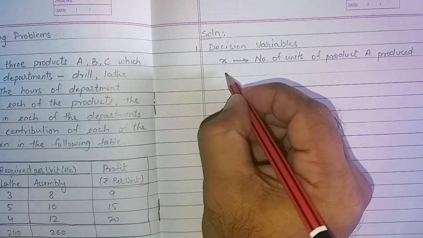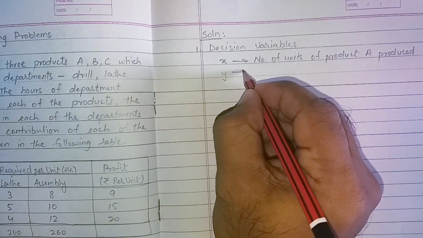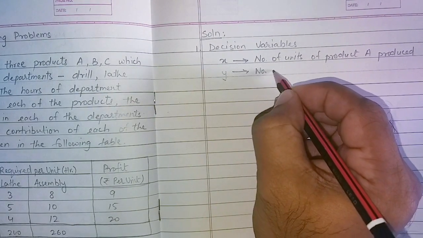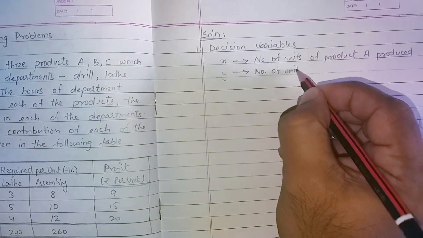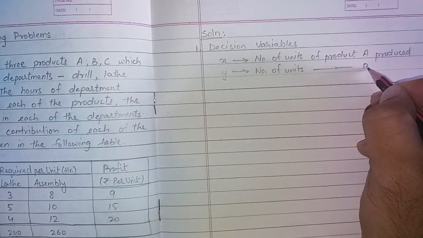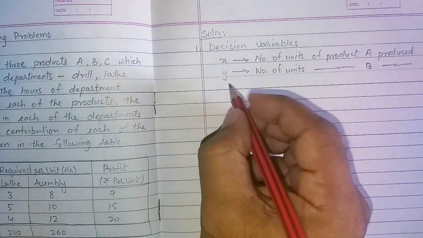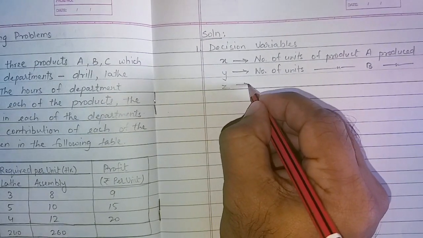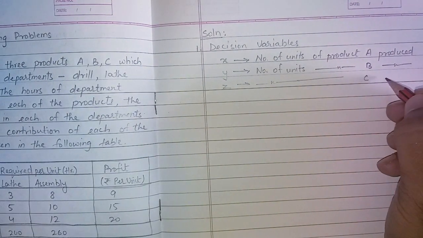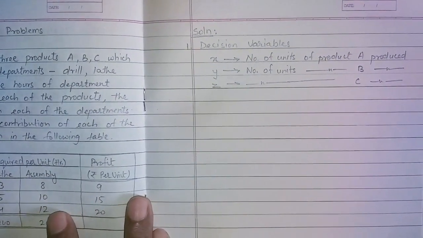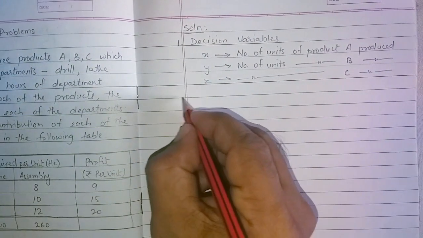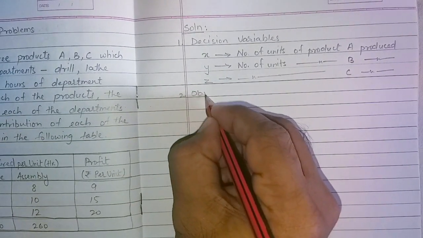We will take y as my next decision variable for the number of units of product B produced, and z as the number of units of product C produced. So now we have three decision variables x, y and z.